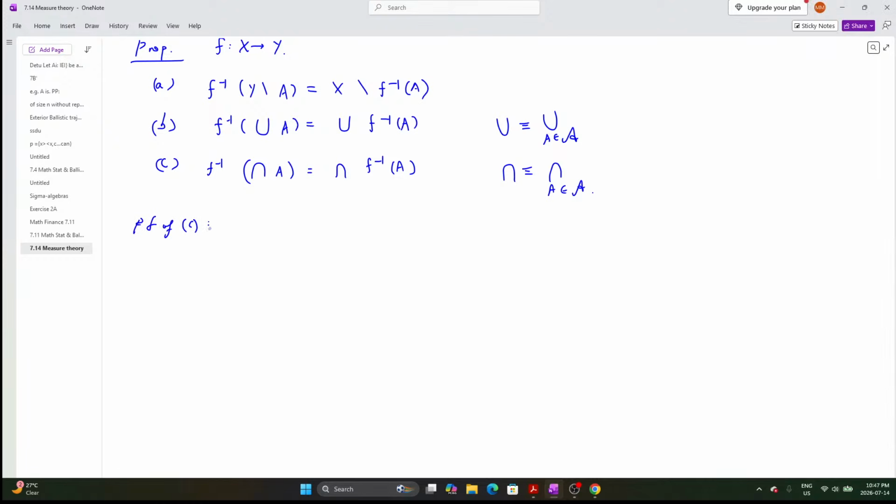This should be quite easy. Usually you write a double containment argument, but here you can actually convert every sentence into if and only if.